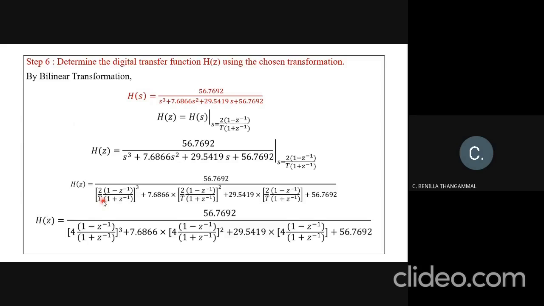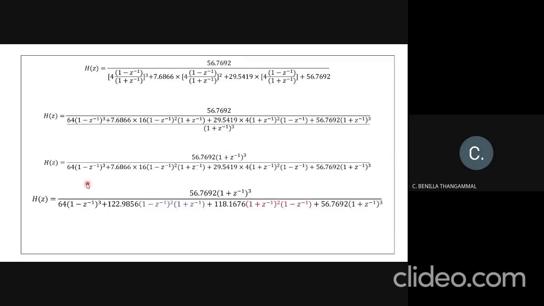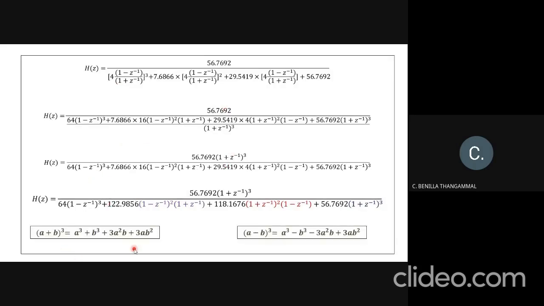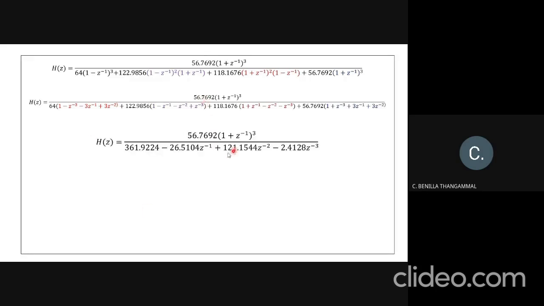So I'll be substituting my T value as 0.5. So 2 by 0.5 is going to be 4. And then I'll be taking the LCM in the denominator. The denominator will be the numerator. Then I'm substituting my formulas (a plus b) whole cube and (a minus b) whole cube, expanding this to get my value, and then I just solve the equations here, right? Normally in your H of z in an IIR filter, the first term of the denominator should be 1.